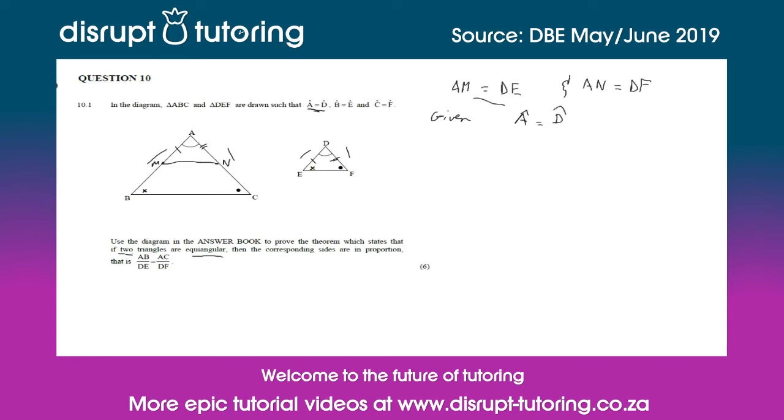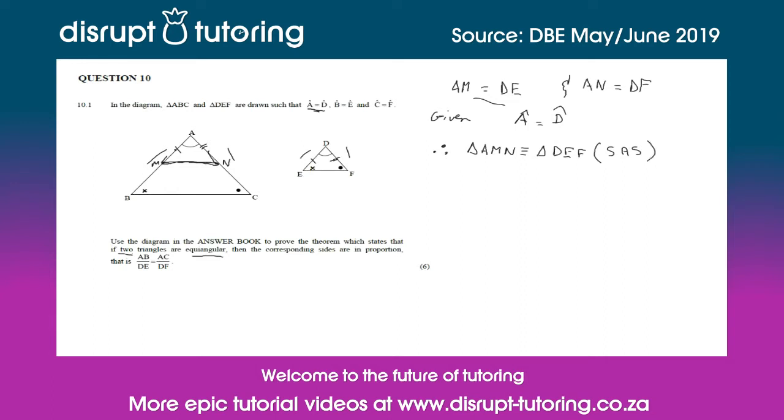So using these three pieces of information, we can conclude that triangle AMN, this triangle over here, is congruent to triangle DEF, and the reason is by construction, side, angle, side. Your reason here for congruency is side, angle, side.